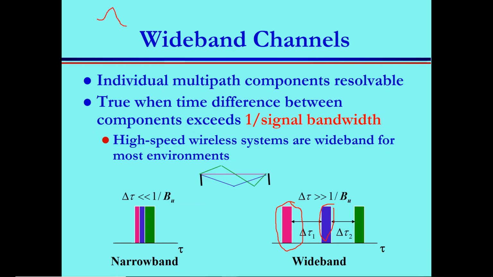This is a pulse, and this is the duration of the symbol. If the spreading in your channel is larger than the duration of the symbol you are transmitting, you will have multipath delay spread. And this causes inter-symbol interference.